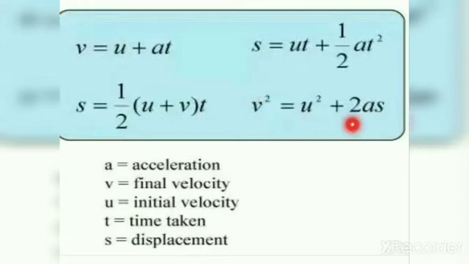If you use the second, you have to find the final velocity, since it is not given, using v = u + at. That is 0 plus 2 meter per second square into 2 seconds, which is 2 into 2 gives 4.